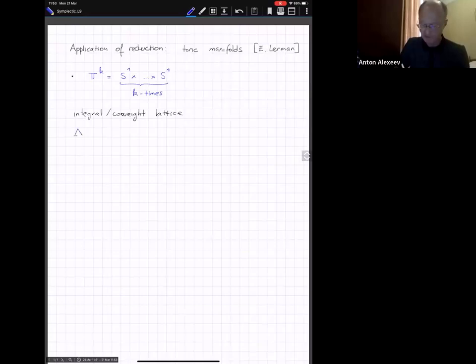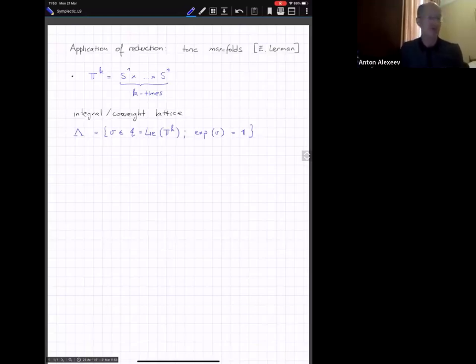So let's call it lambda, and these are vectors v in the Lie algebra of the torus, such that the exponential map applied to v is equal to 1. So in other words, these are all preimages of the unit element, of the neutral element of our group under the exponential map.